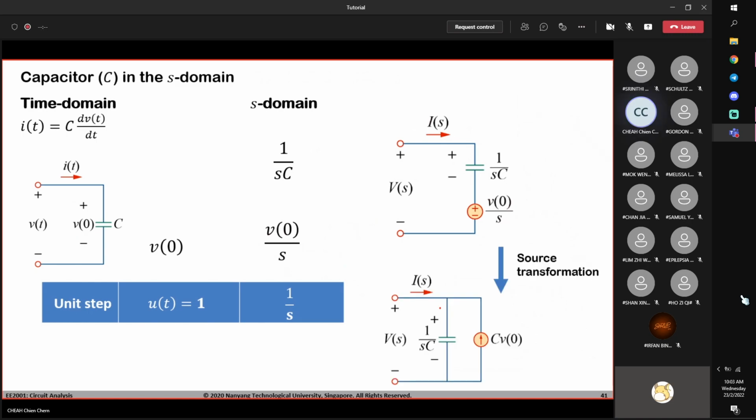Yeah, if you want the other form, then just use source transformation. How do you use source transformation? Just Ohm's law. This is voltage, correct? You want current. So current is equal to V divided by impedance, correct? Now V is V0 divided by S, and your Z is 1 over SC.